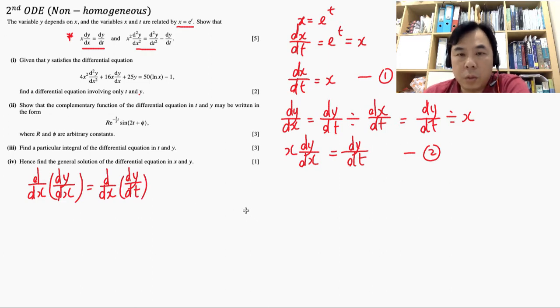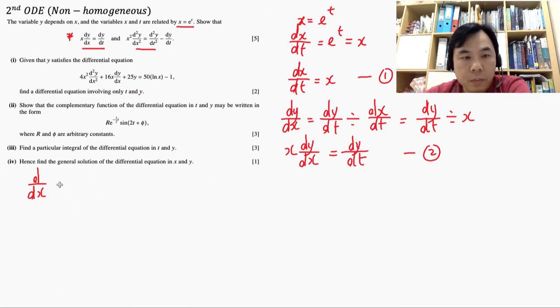Okay, so that's what we have currently. Now for this one, it shouldn't be a problem. That is just a second derivative. Oh, okay. I think I forgot to include my x here. Yeah, so maybe let me erase this. So the correct one would be, I'm trying to differentiate this equation number 2 with respect to x. So I missed out my x here, so I just rewrite that.